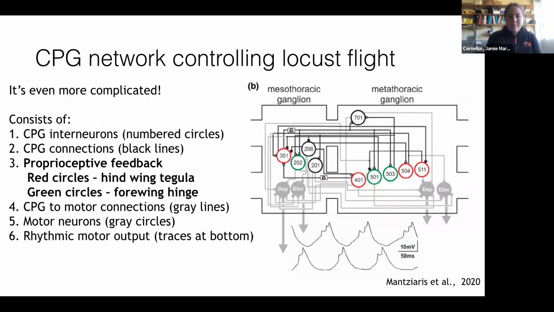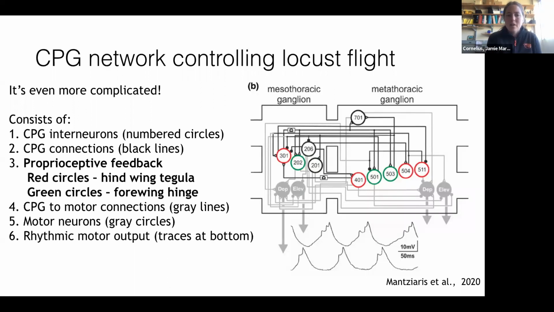In this paper, they tried to do that. It's more complicated to follow, right? You can't really follow this, but you can see the ganglia there. You have the mesothoracic and the metathoracic ganglia, the locations of the interneurons within those ganglia, and how many connections are traveling across ganglia to control these motor outputs. You can also see visually that there are proprioceptive feedbacks happening.